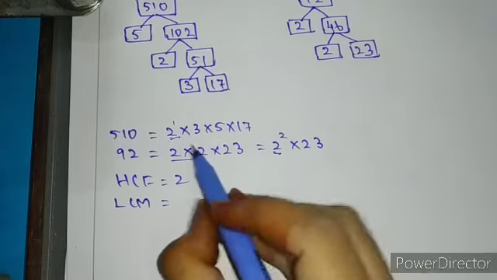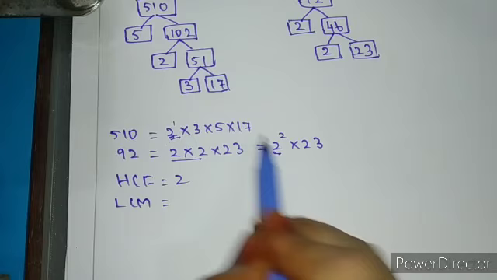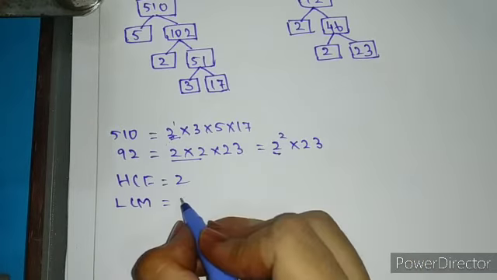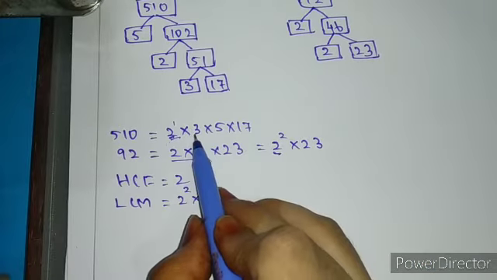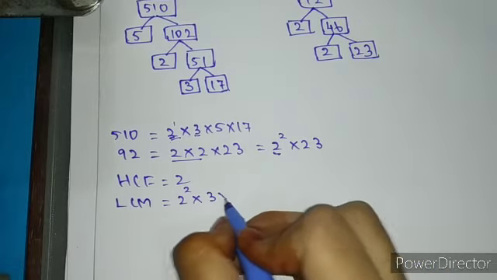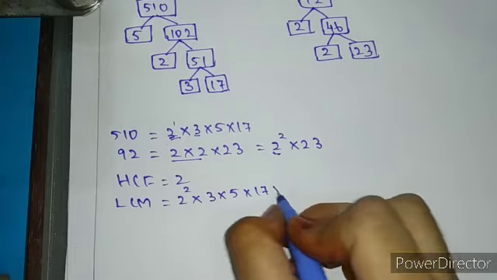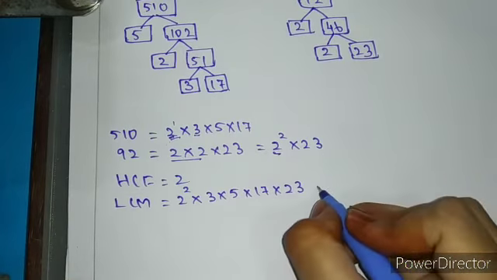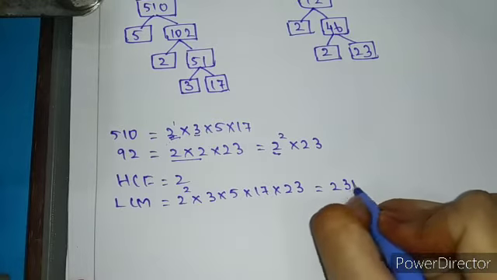Here 2 is common, and therefore we consider the greatest power. So we write 2 to the power 2, then 3. Though 3 is not common, we have to consider 3. And similarly 5 into 17 into 23. So when we multiply this, we get 23460.